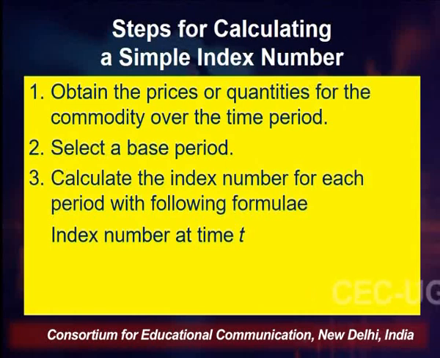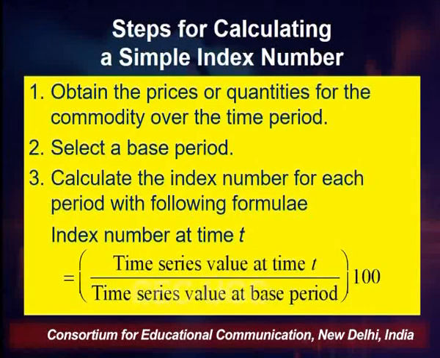Suppose I indicate time by the alphabet small t, this can be the formula for the index number. Time series value at time t, suppose I am taking the example of current year 2023, so whatever value is given in that time series data set in year t, that is the current year, will become our numerator, and it shall be divided by the denominator, that is the time series value at the base period.